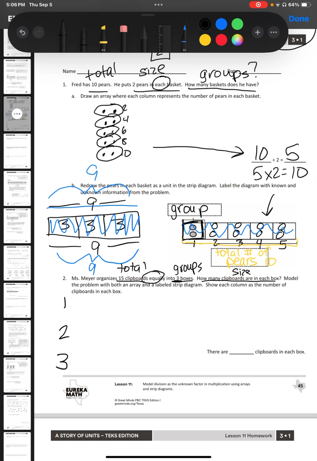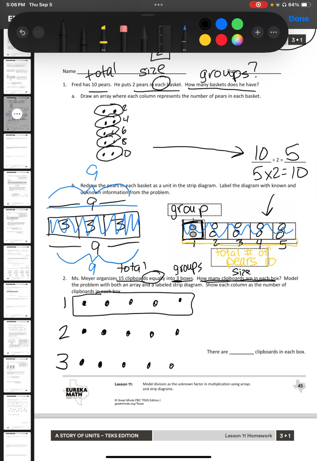And then I'm going to start putting clipboards, represented as dots, in each row until I come to a total of 15. Right now I'm at 6, 7, 8, 9, 10, 11, 12, 13, 14, 15. To answer the question, how many clipboards are in each box? We're just going to look at a group. There are 5 in each box.